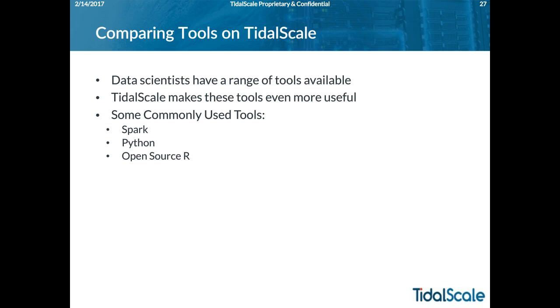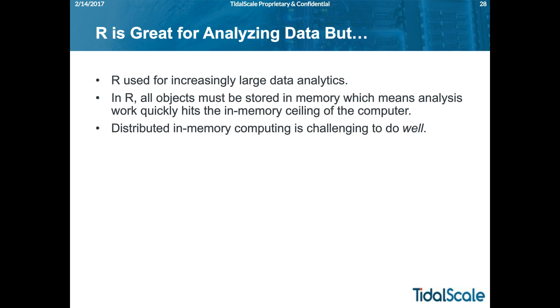Now let's look at R, right? I'm sure most of the people here listening are familiar with R, but there's sort of the Achilles heel of R. It's got to be in memory. R was not designed to use swap or to page very gracefully. In R, all objects must be stored in memory.